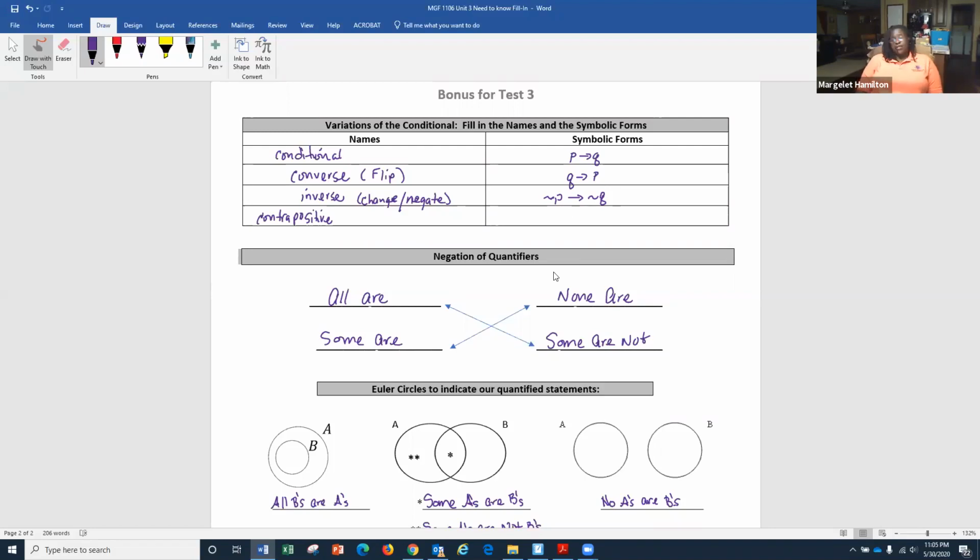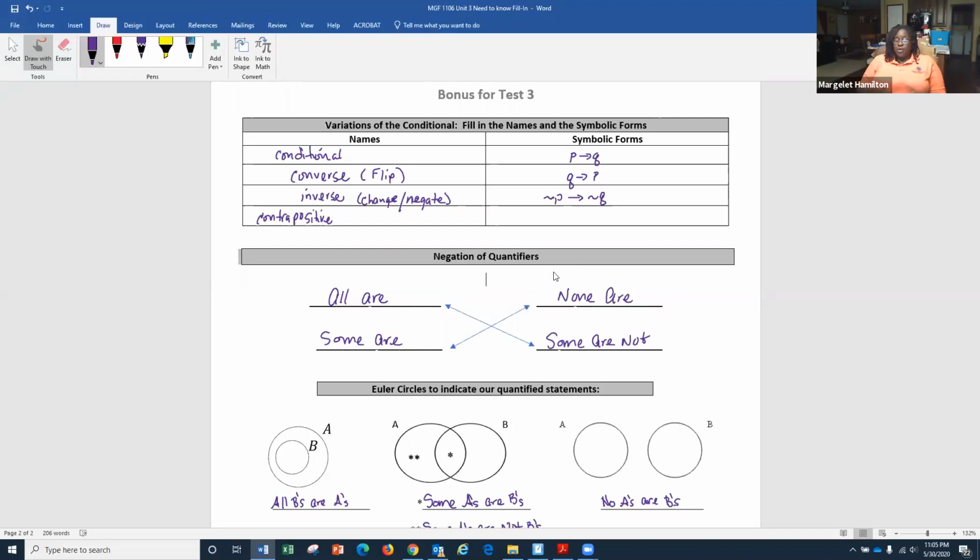Your contrapositive is where you flip and change everything. You're going to take your converse statement and negate that. It's already flipped, so you're just going to take the negation of it. Now pay attention: your inverse statement is already negation P implies negation Q. If you flip that over, that's your contrapositive right there.